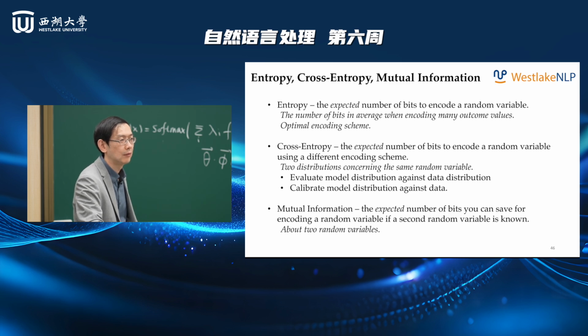When you know the teacher is Yue Zhang, then maybe the entropy of having a final exam is smaller. Because in your experience, Yue Zhang normally doesn't give you any final exam, but examines you on your course project. So this is about it.